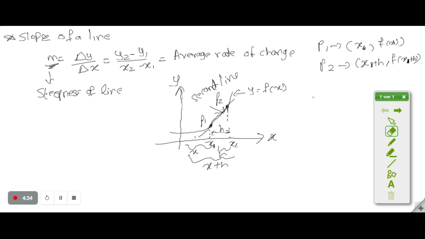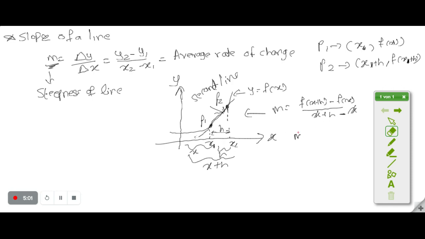By the formula, the slope m would be f of x plus h minus f of x upon x plus h minus x, where x2 is x plus h and the x1 coordinate is x. Now if you notice, the x terms get cancelled.